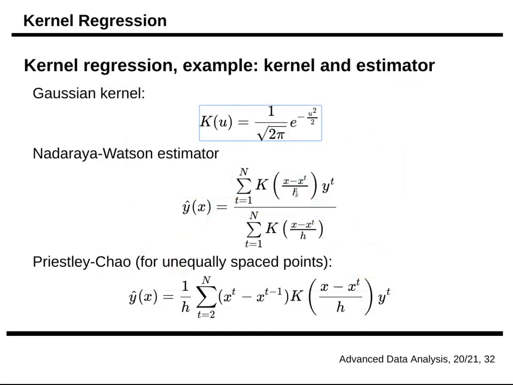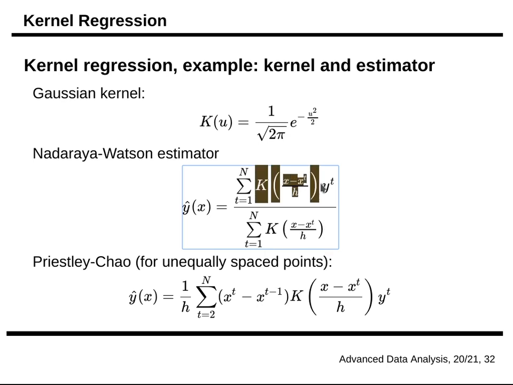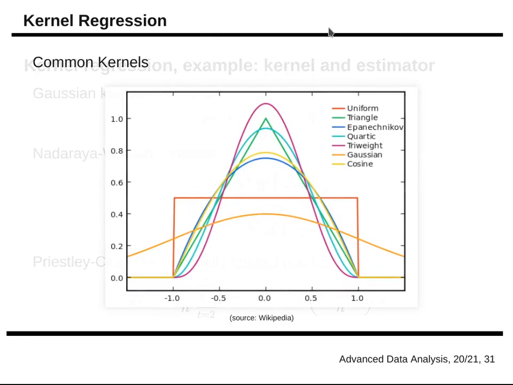And this is the relative weight we are giving to the y value corresponding to each point. And then we are dividing this by the sum of all these terms. So this is a weighted average over our whole data set, but the weights are given by, in this case, this Gaussian curve here. So points that are further away weigh less than points that are closer.